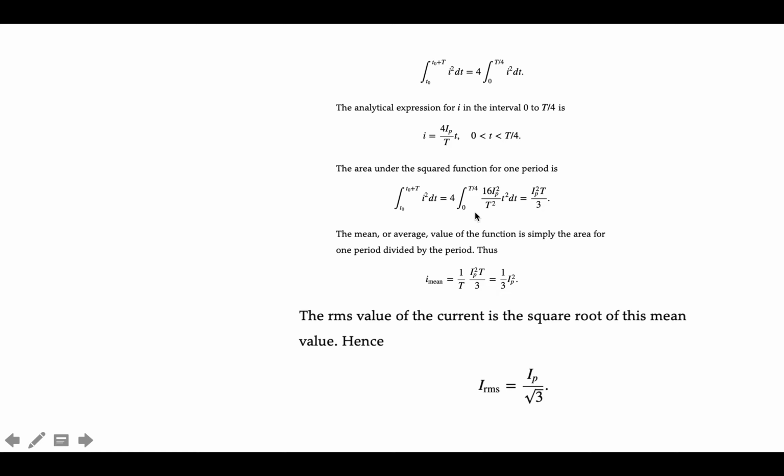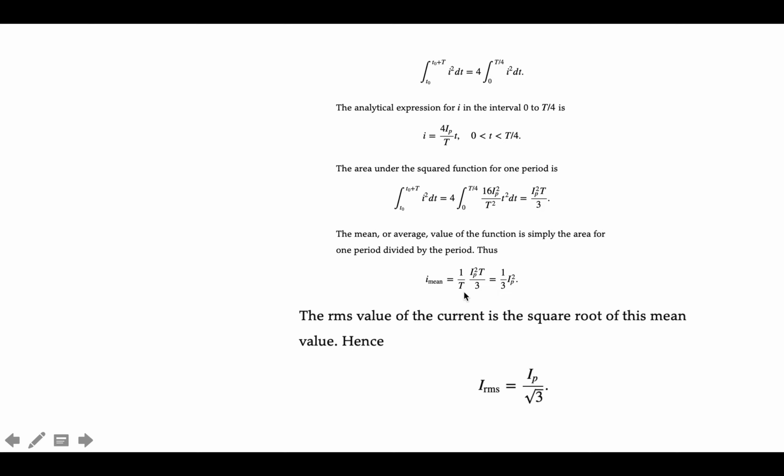So here we are. We take I and we square it, and then we integrate it. So the constant comes out. We still have our 4. When we integrate t squared, we get t cubed over 3, and then we run that through the limits from 0 to t over 4. And when you do that integral, this is the result that you get, IP squared times T over 3.